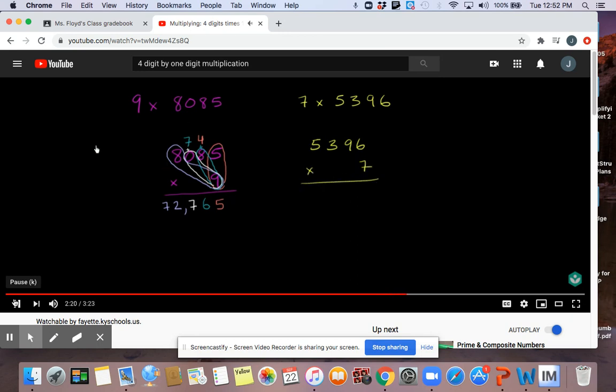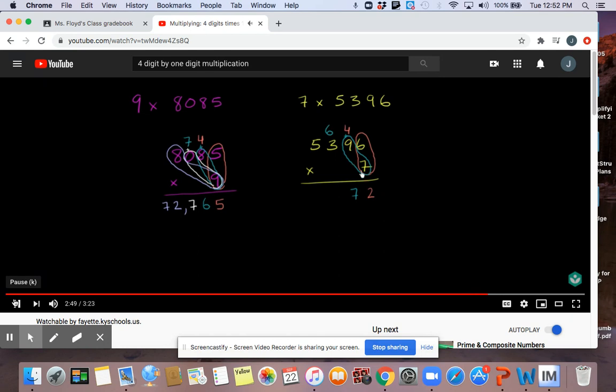First, we'll think about what 7 times 6 is. We know that's 42. Put the 2 in the ones place. 4 we will carry. Then we need to concern ourselves with 7 times 9, but then we have to calculate that and then add the 4. 7 times 9 is 63, plus 4 is 67. So we put the 7 down here and carry the 6.